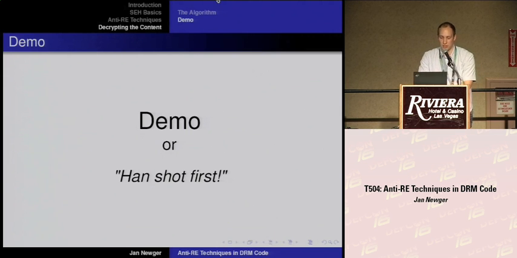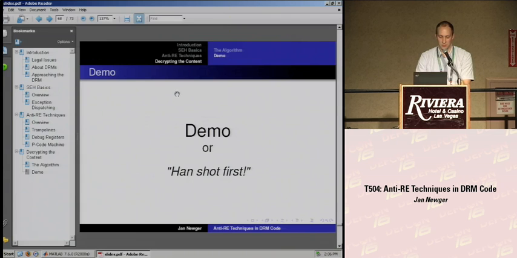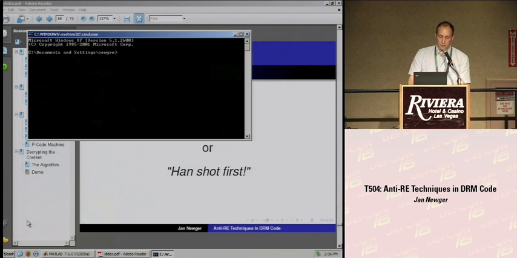So now we want to see a demo. Maybe I say a few quick words on the demo. I cannot actually reveal the identity of the DRM, so I need to do some kind of black box demo.